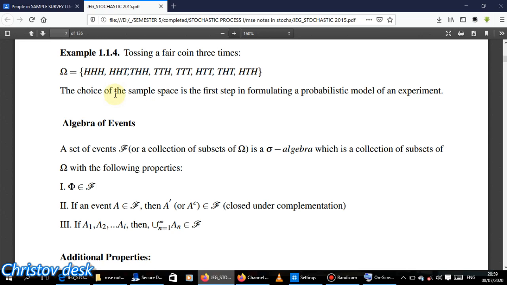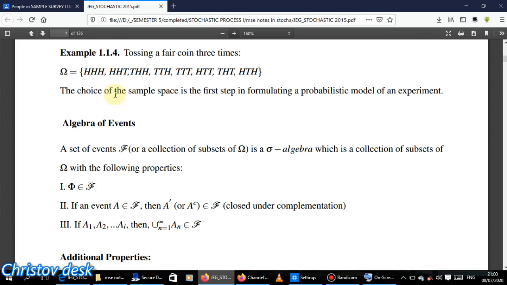If you have subsets of the main omega, which is the sample space, which have the following properties, then we can call the collection of these subsets a sigma algebra. The first thing is that the empty set should be in the sigma algebra.